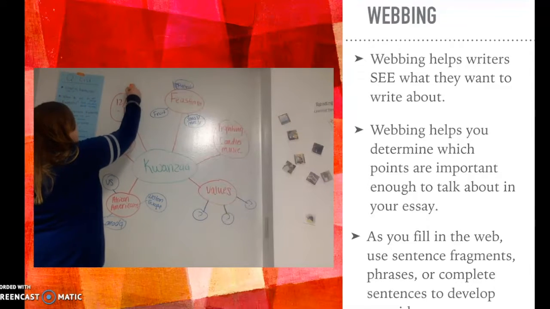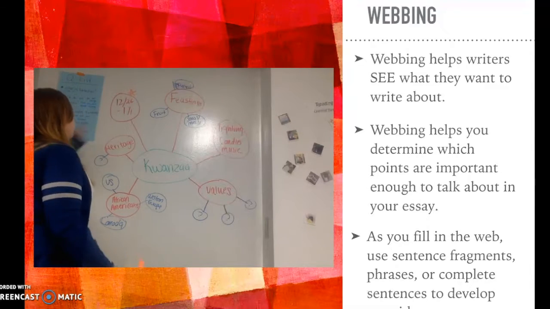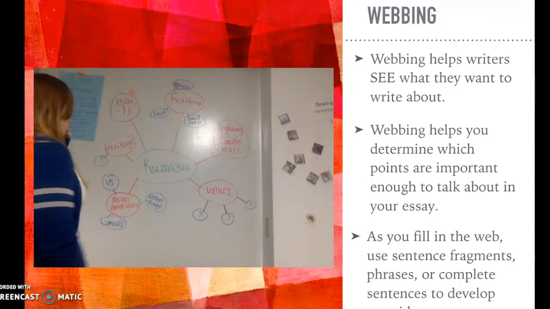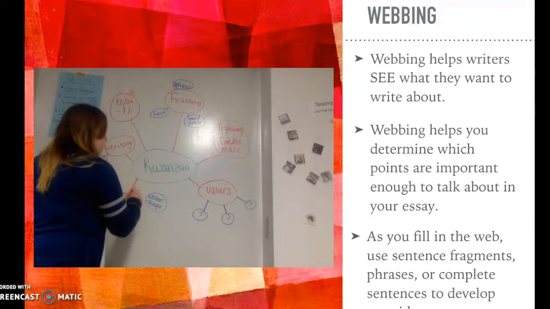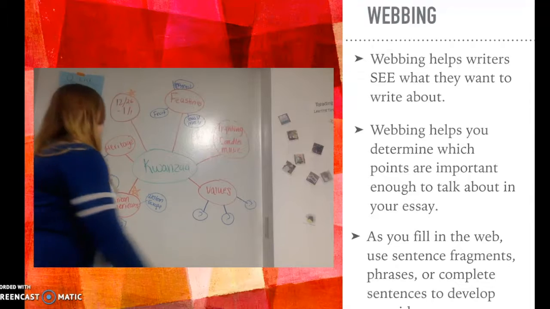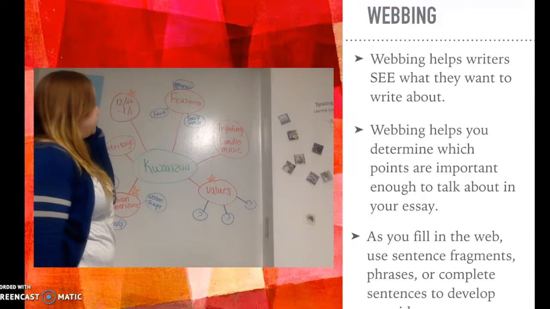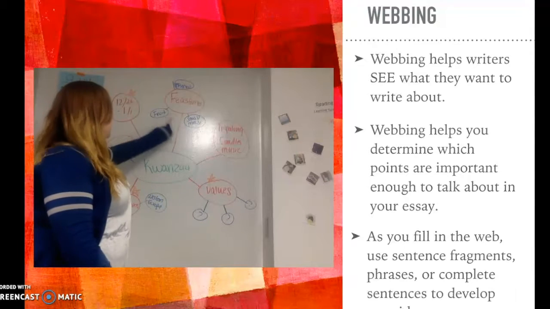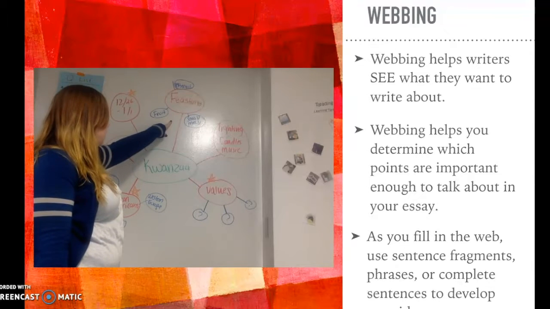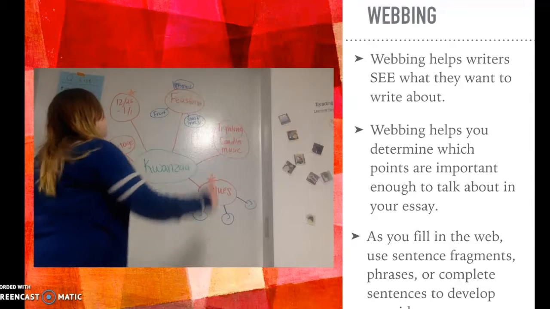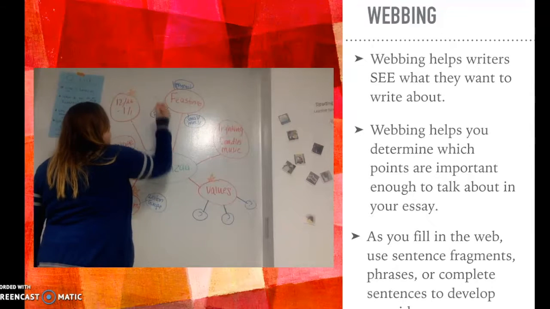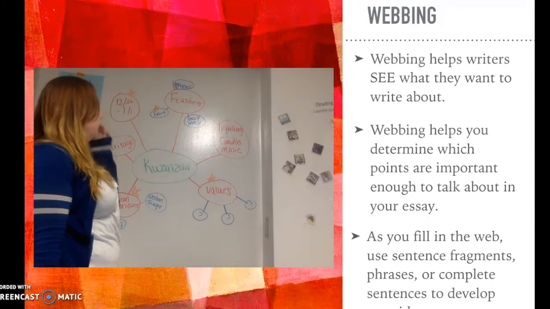Well, I think this one's important, but it's a really big bubble. This is definitely important too. So is this one. But I'm thinking, see how many supporting details I have here? I know the fruit is important because it has cultural significance.